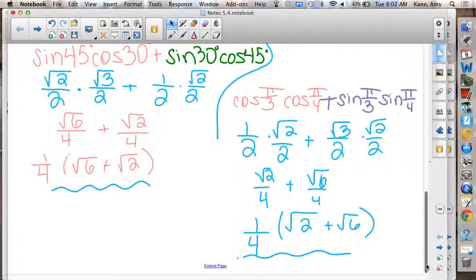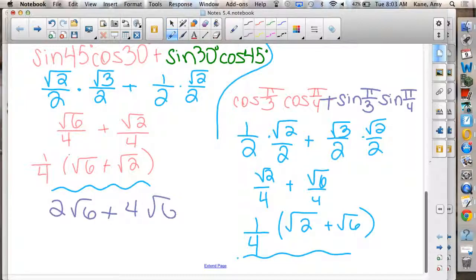These square roots you cannot combine because they're different square roots. So I can't make that the square root of 8. If it said 2 square roots of 6 plus 4 square roots of 6, if both of the square roots were the same, then we can add the 2 and the 4 and get 6 square roots of 6. So we could not add these because they're not the same square root.